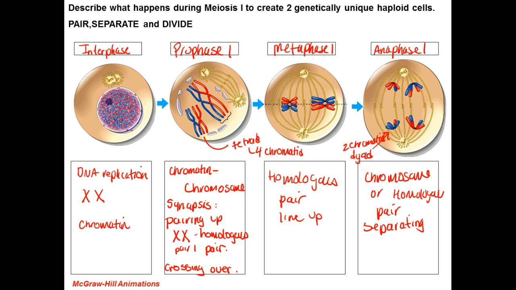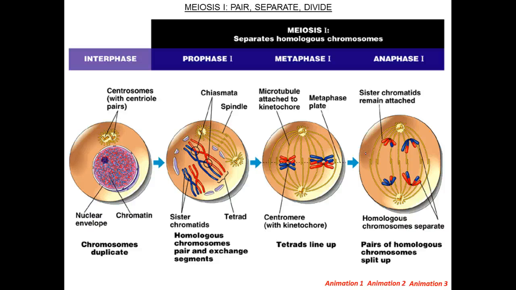Okay, so let's see if we got all that information. So here, interphase, chromosomes duplicate. Prophase 1, homologous chromosomes pair up, called synapsis. And you have exchange of chromosome segments called crossing over. Okay, very important too, variation.